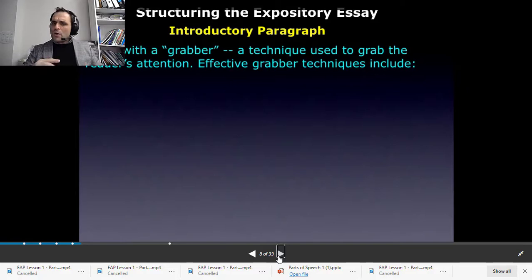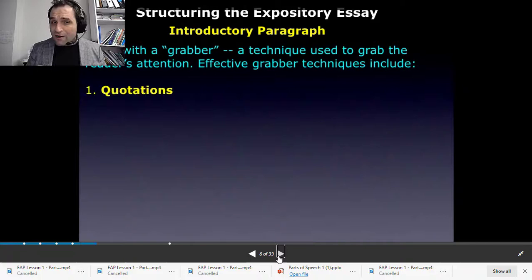So what techniques can you use to make your grabber work? What could be a grabber? Well, quotations. Quotations are very good.